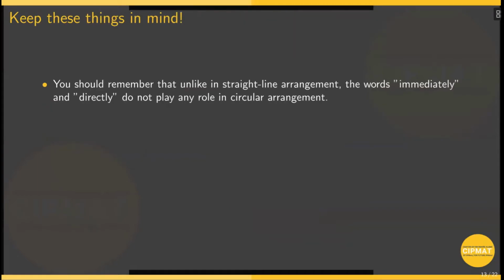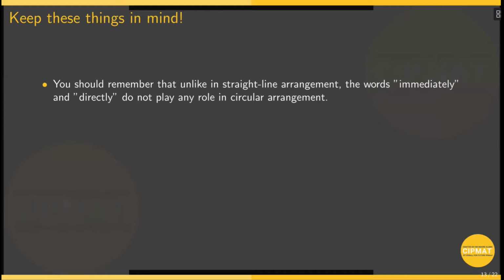You have to keep these things in mind. Certain other things you should remember: unlike in a straight line arrangement, where words like immediately and directly played a role.